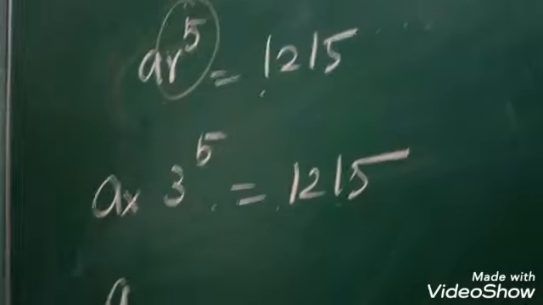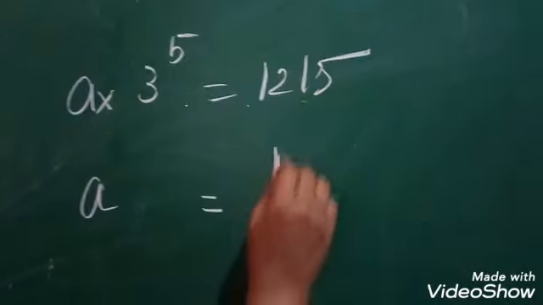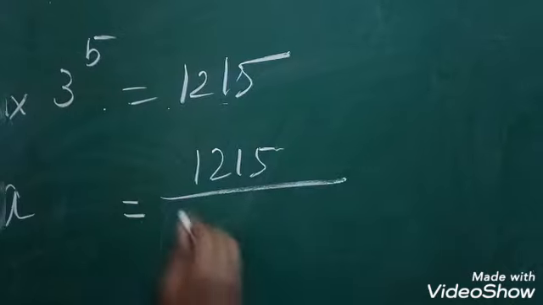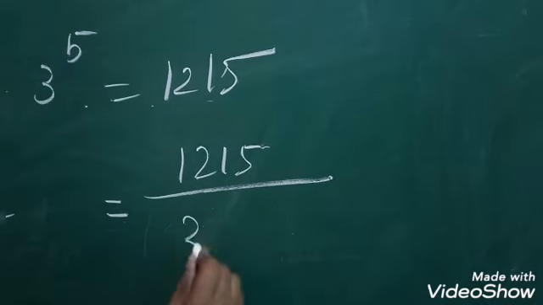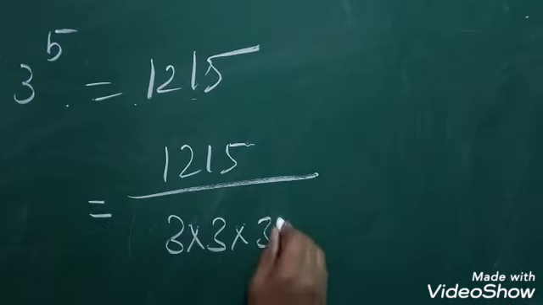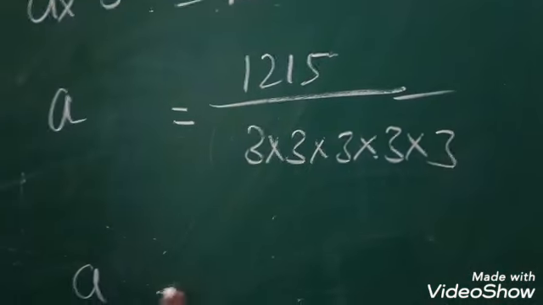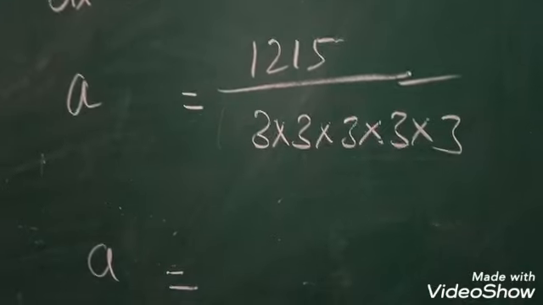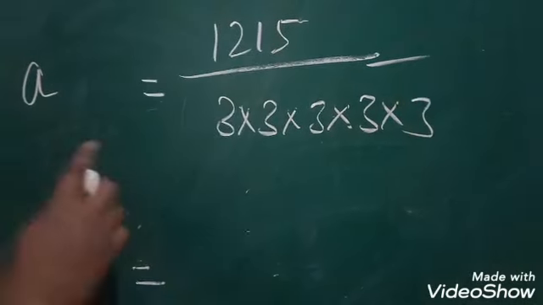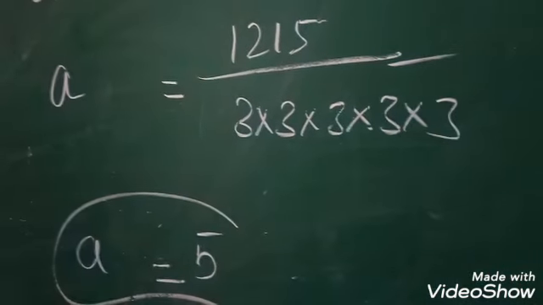Okay, now we keep A on the left hand side. Here 1215 divided by 3 power 5. The 3 is repeated 5 times and should be divided. Okay girls? Yes, now you have to divide. If you divide, you will get the A value is 5.